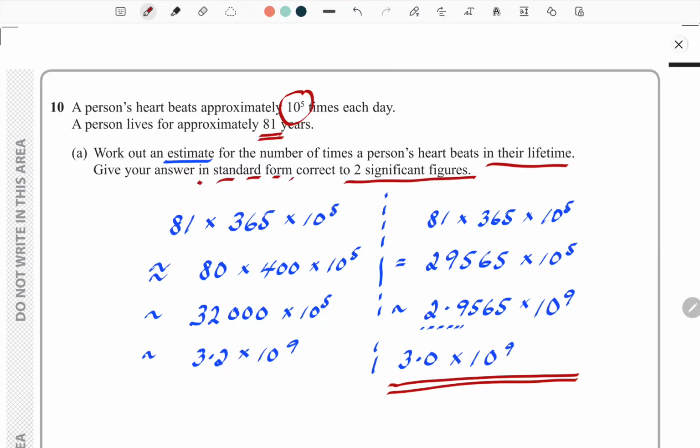Okay. So all you're doing is taking the 81 years times 365 days times 10 to the power 5 beats per day. So effectively you're converting all of that into total number of heartbeats in a lifetime. And you get 29,565 times 10 to the power 5.